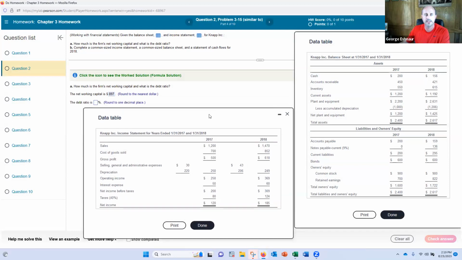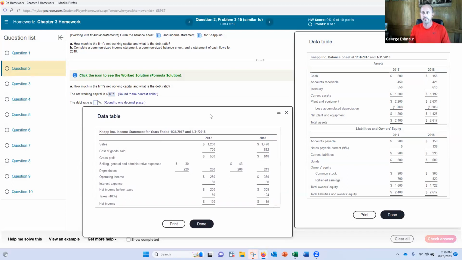Okay, and then it's going to say, what is the debt ratio? We're getting introduced to it a little bit early, but this is a pretty straightforward formula. Think about our debt. How would we measure our debt ratio?